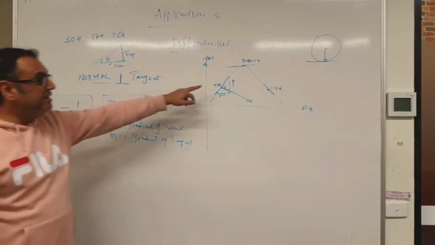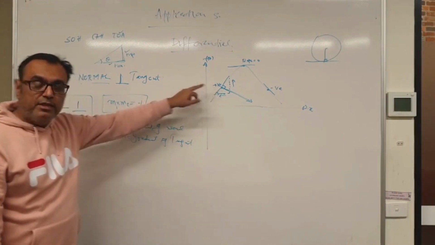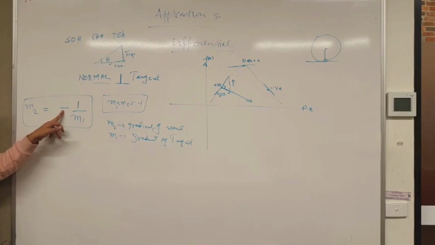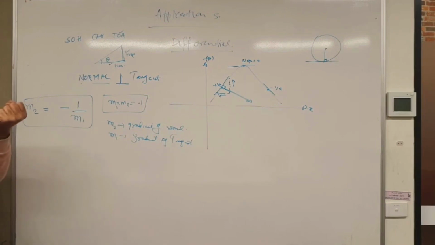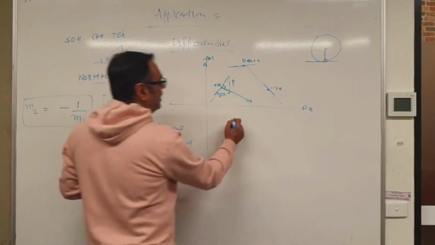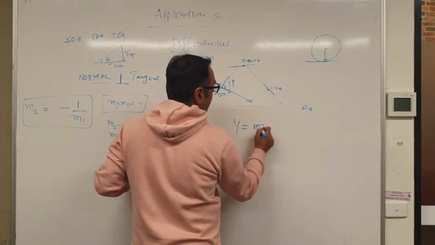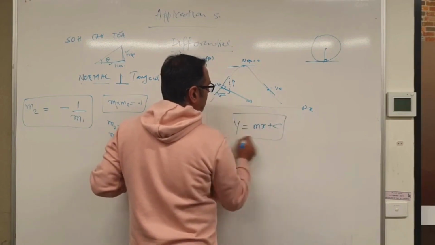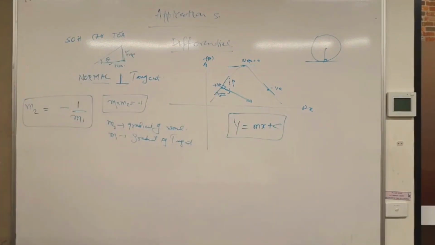You find the derivative at that point. You then invert it with a negative, reciprocate it with a negative. So now you have the gradient of the normal, and then you will apply y equals mx plus c, the equation of the line, to find the equation of the normal.